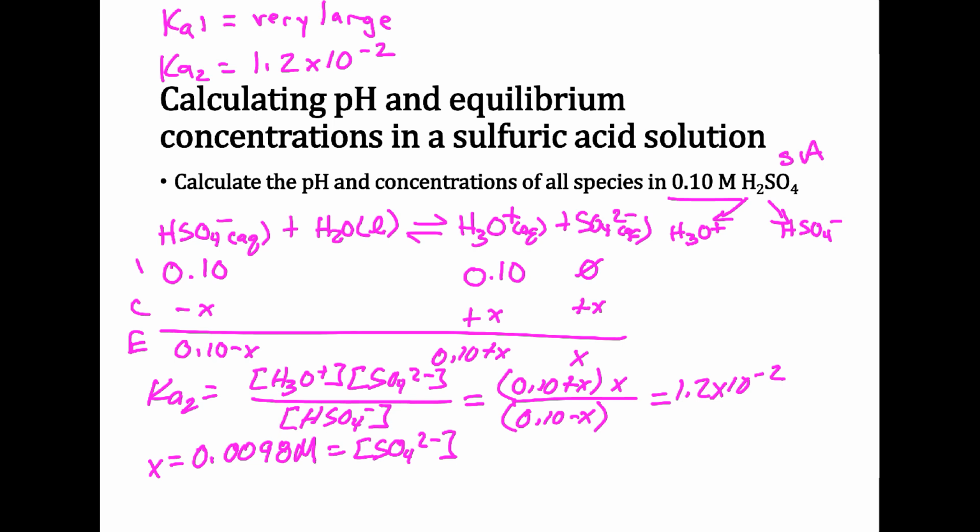And then we will just take the x value that we just calculated and substitute it into the equilibrium expression. So we'll substitute it up there. So that means our concentration of hydronium will be approximately 0.11 molar.